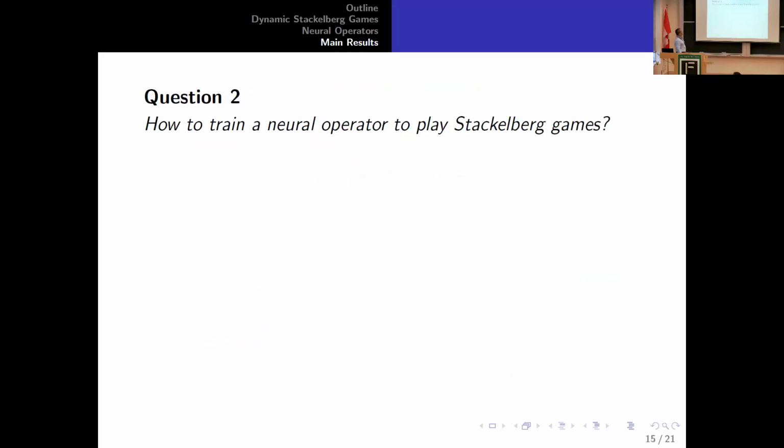So the second question is how to train a neural operator, that means how to find it, how to determine it. The first theorem just shows it exists. Here is a natural idea: minimize the mean value of J0. This mean value depends on hat U1, that is, on the parameter values of the neural operator.